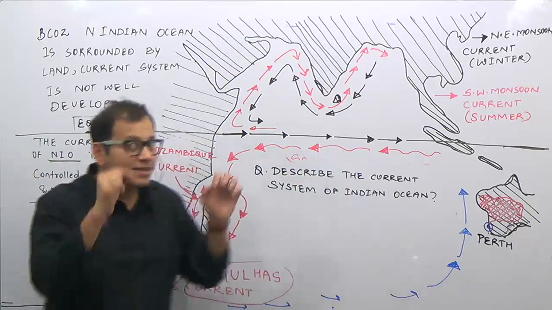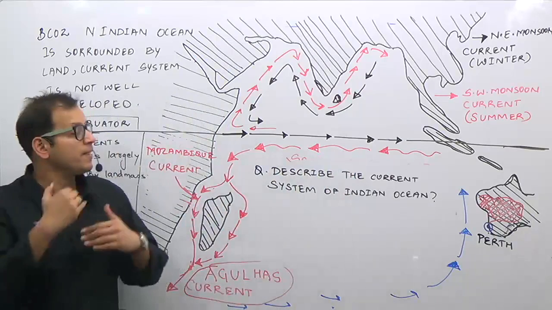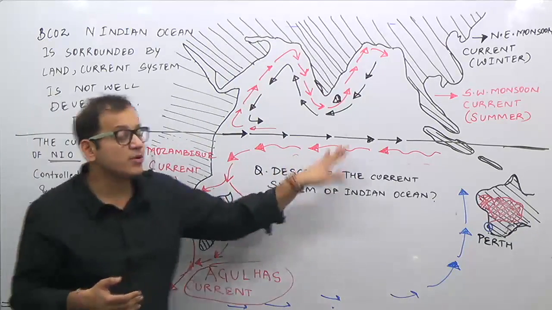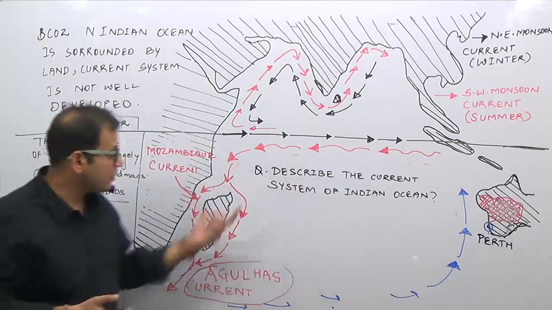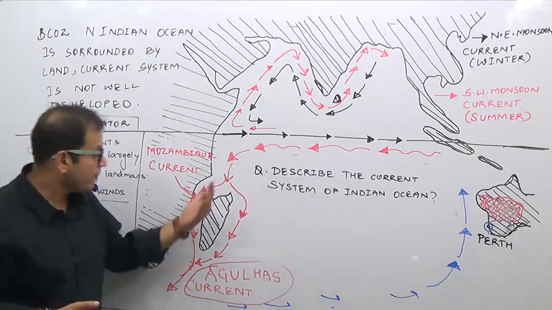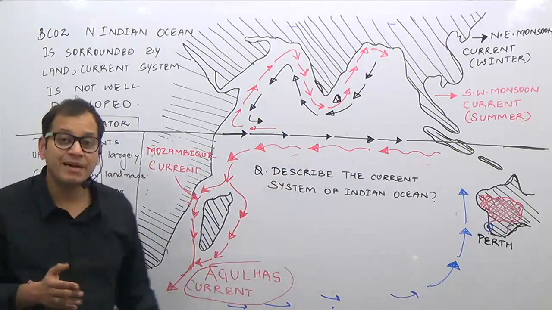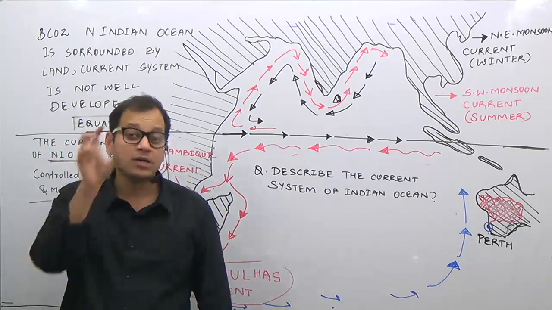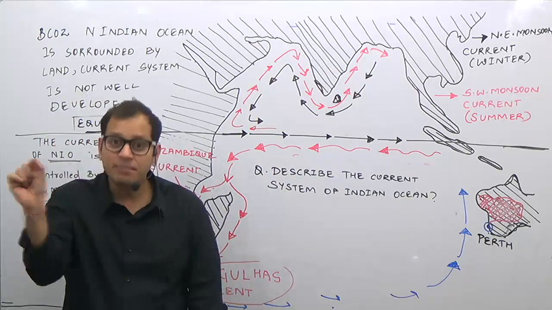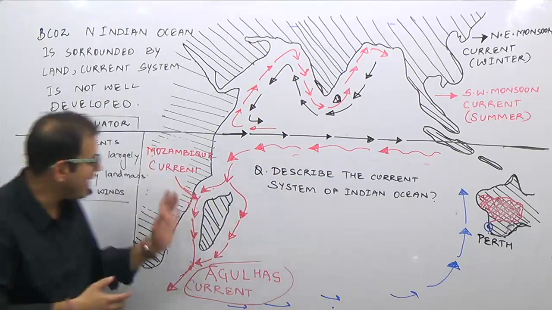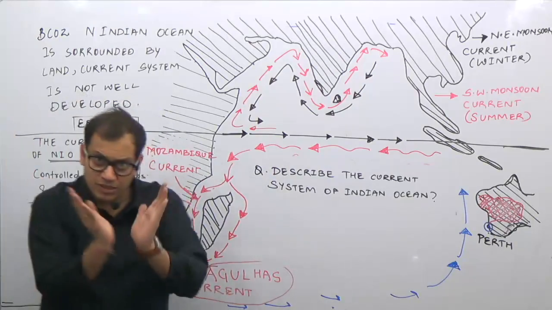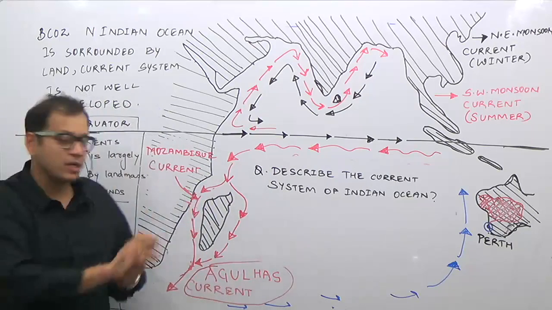Next point, the current system of the Southern Indian Ocean. In the Southern Indian Ocean, there is a South Equatorial current. This current goes southwards. One branch flows to the east of Madagascar, known as the Madagascar current, while the other flows through the Mozambique channel as the Mozambique current. Both these currents join together to form the Agulhas current.